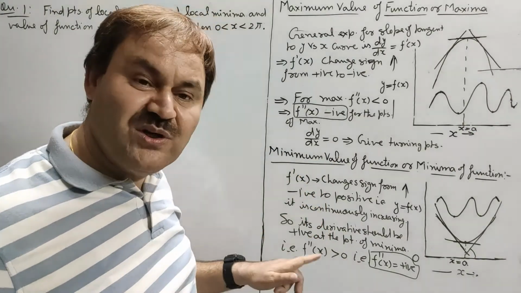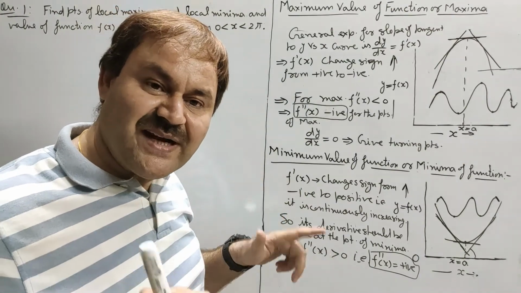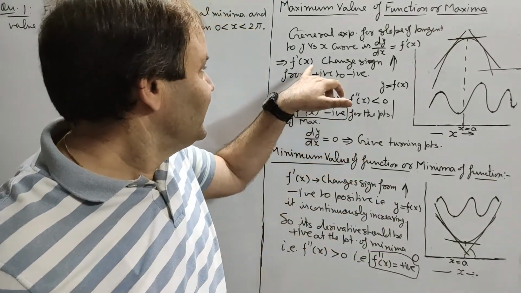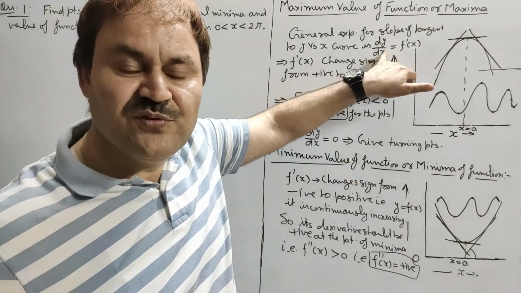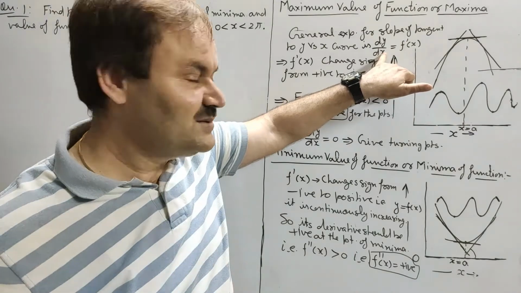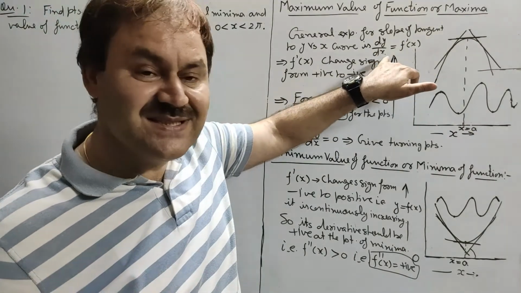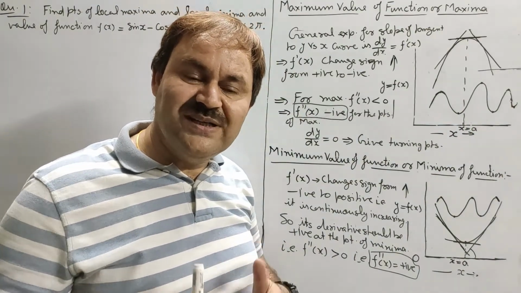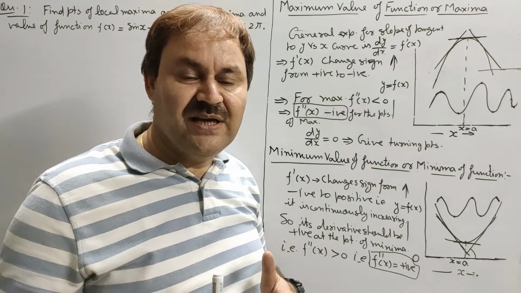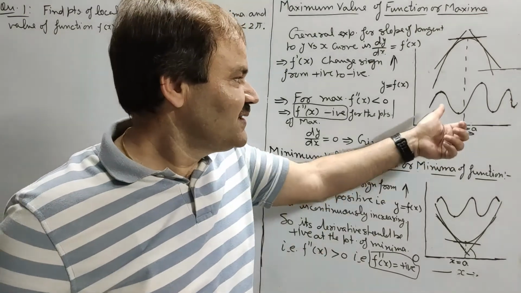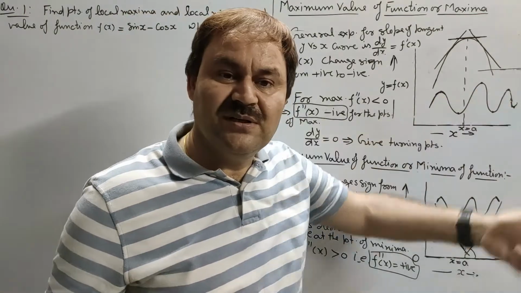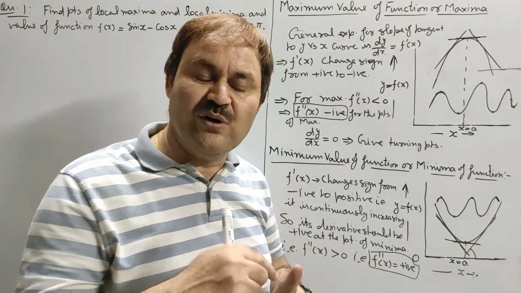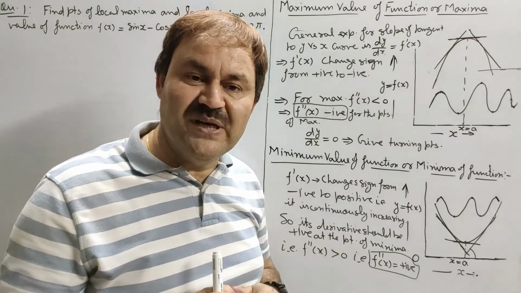To determine points of maxima and minima for a given function, first we will differentiate the function to find the slope of tangent to the curve, and we will put this dy by dx equal to 0 to get all the turning points in the domain of the function.